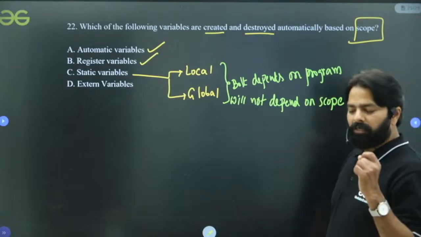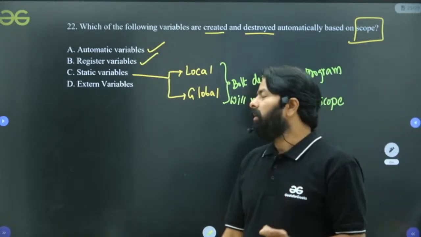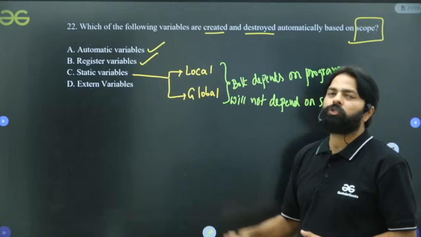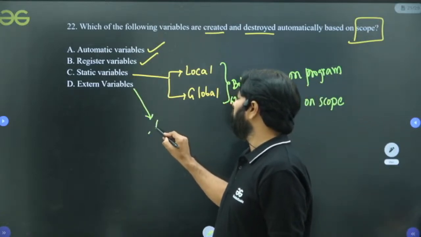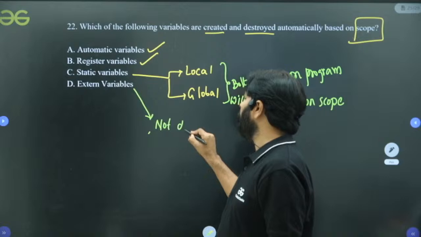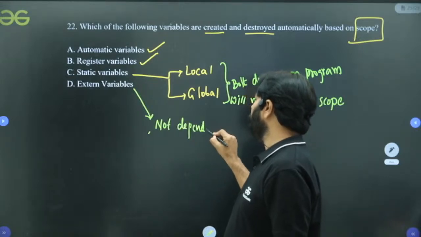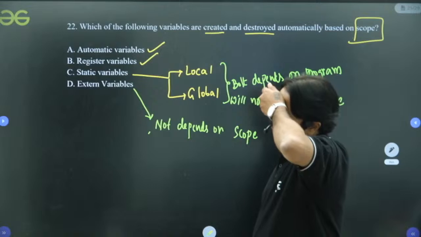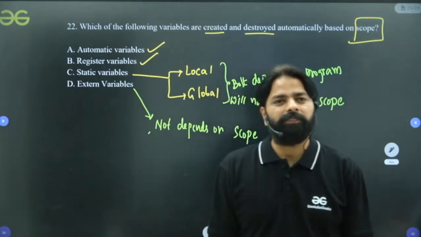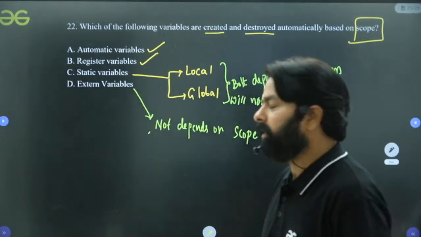Creation and deletion of memory does not depend on the scope for this too. Even external variables also do not depend on the scope, because their scope is the whole program. External variables especially. Yeah, program is the lifetime, correct.